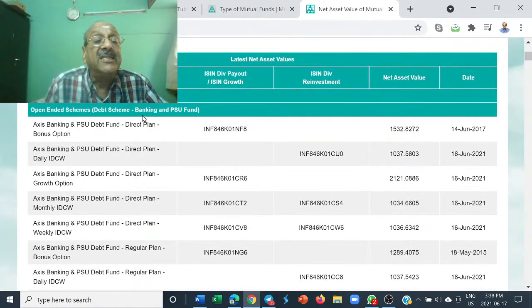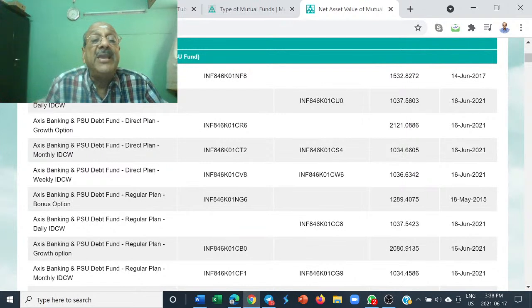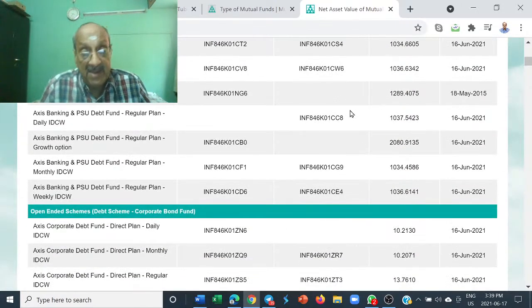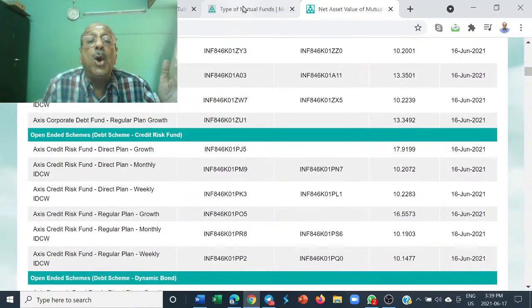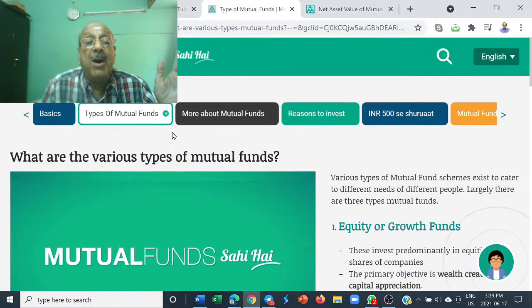I just clicked Axis Mutual Fund. It has Axis Banking PSU Debt Fund, Direct Plan Bonus Option 1532, like that. Kindly go through this link and get to know more details about mutual funds.